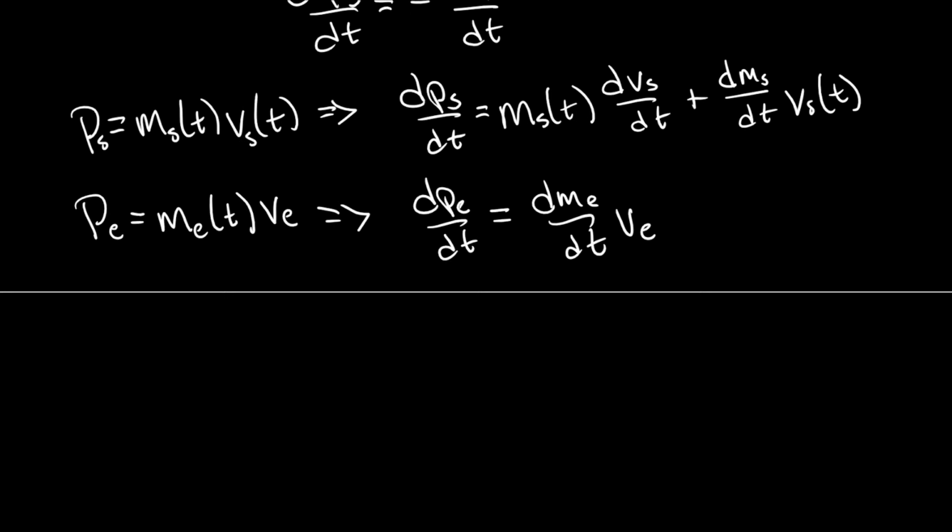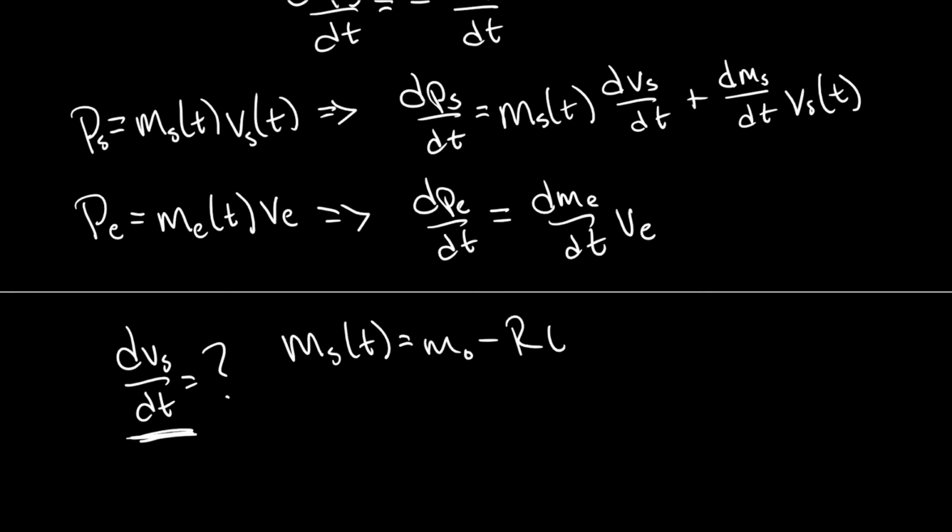take these derivatives. So we don't know dv_s/dt. That's what we want to find. We want to find the velocity of this ship after some time. But we know that m_s(t) is equal to m_0 minus rt. So dm_s/dt, the constant term drops out.